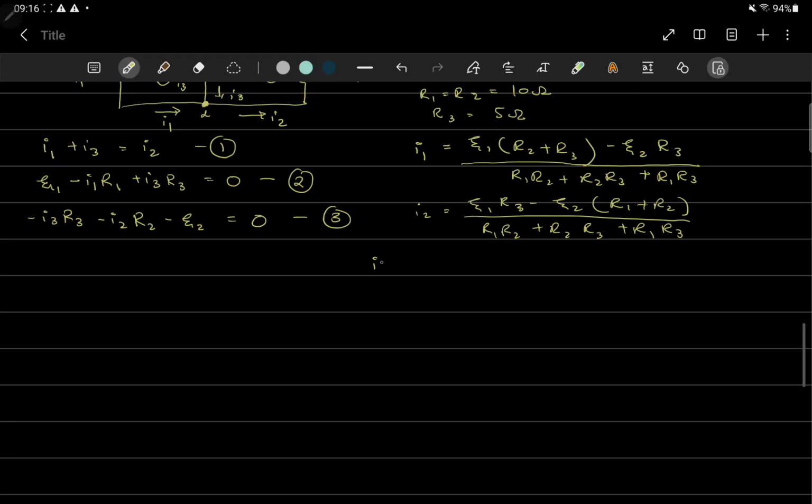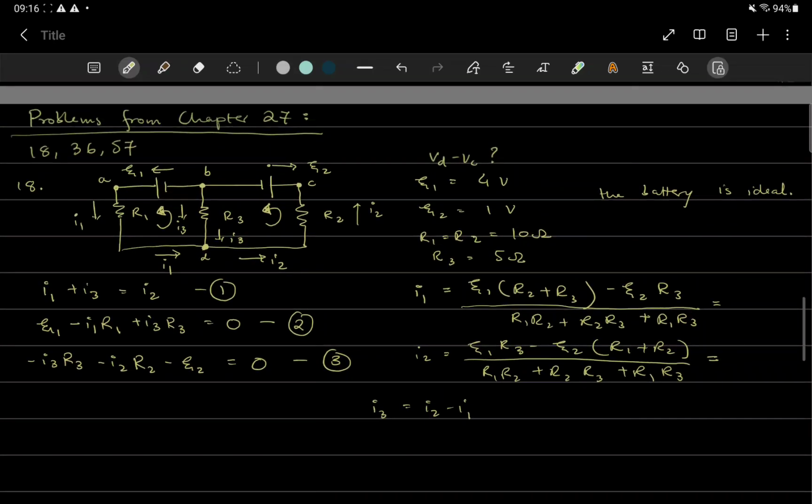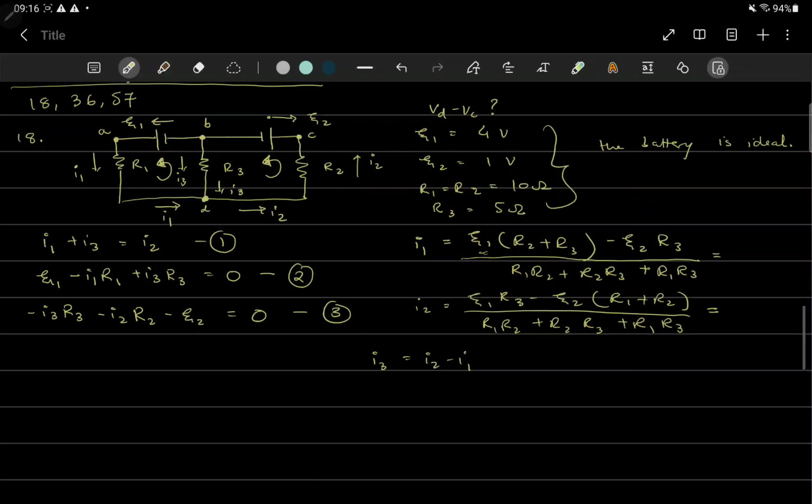And finally, since I know I3 given from here is equal to I2 minus I1, I can just use the expressions for I1 and I2 and then find out what I3 is. Now, to find what these currents are equal to, I can use these expressions because I already have R1, R2, R3, and zeta 2, so I can just plug them in.